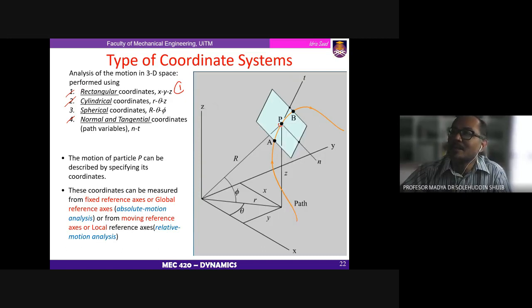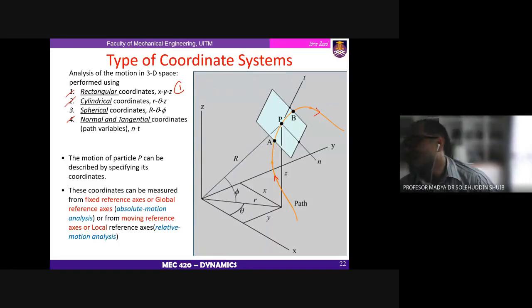This particle is moving along this path, that's why you can see the arrow. This is its path, from point A to point B, any point along this path.